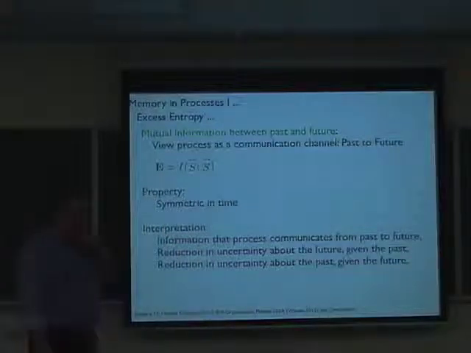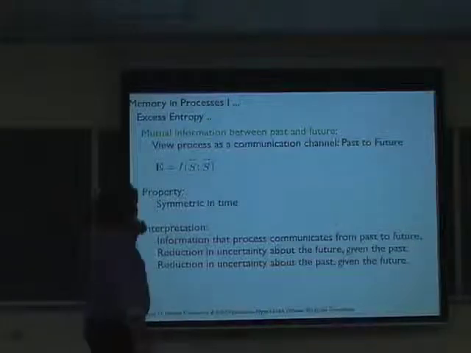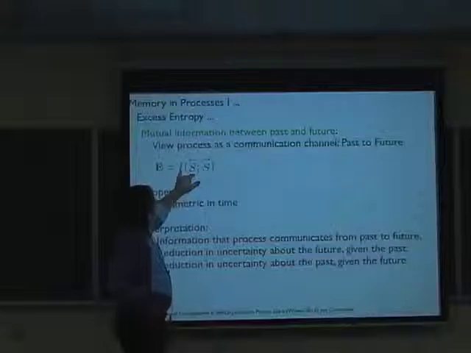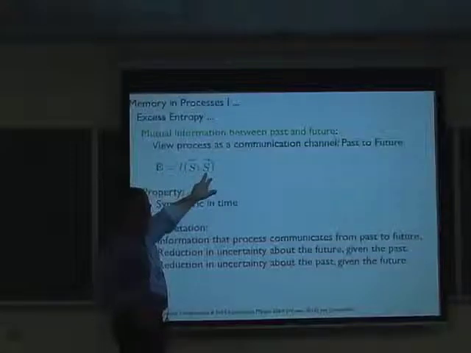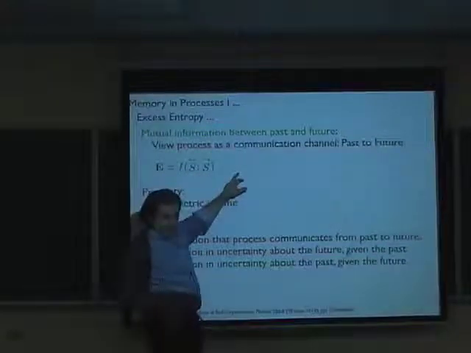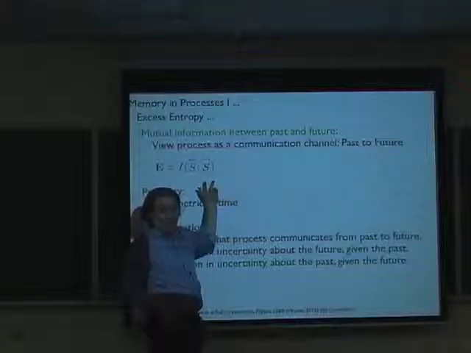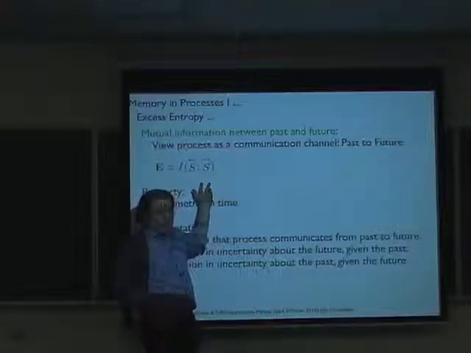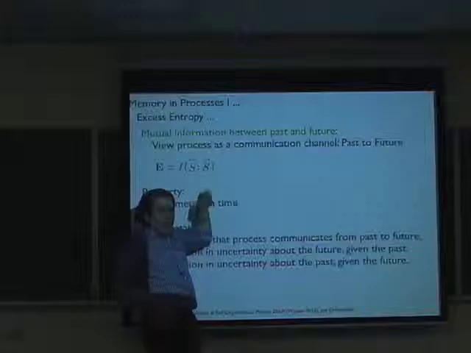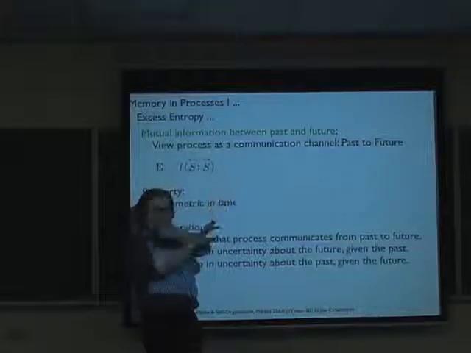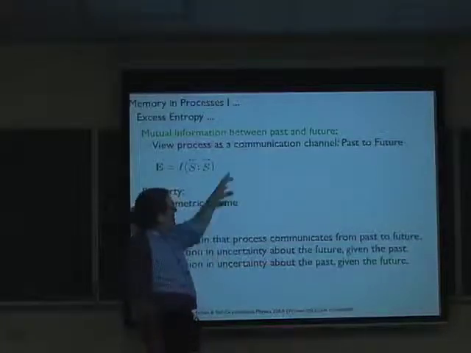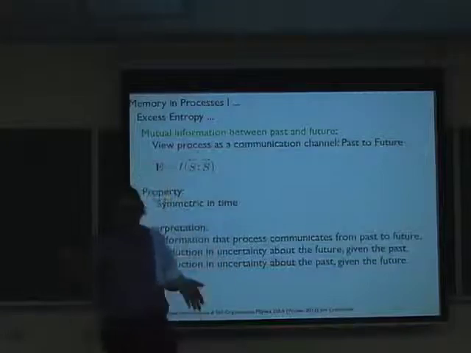Now, one quick note here that will come back to us in the spring. If you remember, the mutual information of two variables x and y is the same thing as the mutual information between y and x. So it's symmetric, right? If you remember the p log p form of it, the argument of the logs is the joint distribution over the marginals, and that's symmetric. So E is a quantity that doesn't distinguish past from future.